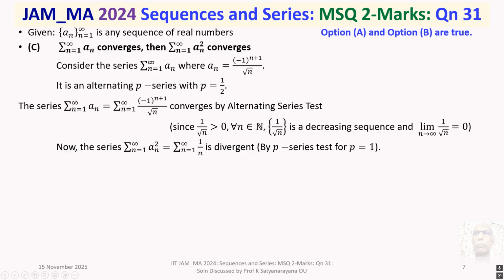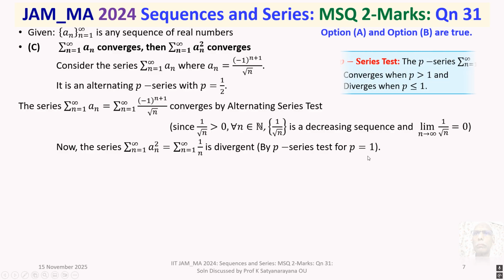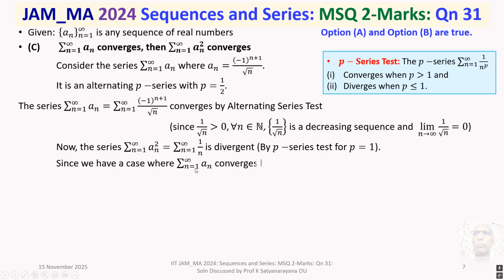Now consider sigma an square, which is sigma n equals 1 to infinity of 1 by n. This is clearly divergent by the p series test for p equal to 1. So sigma an converges, but sigma an square is divergent. Since we have such a case, option C is not true.